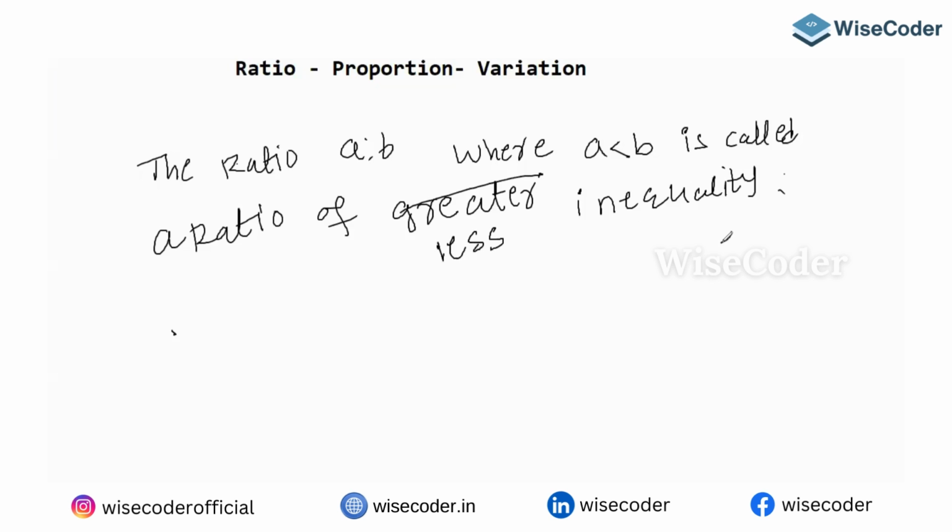You can take one example as 3 is to 5, where B is more than A.